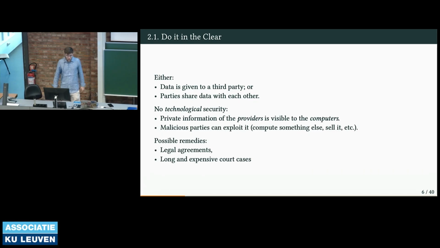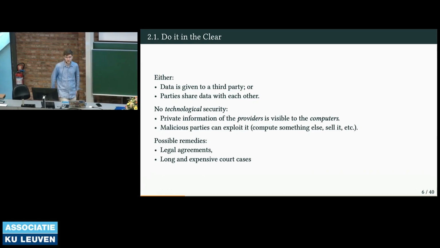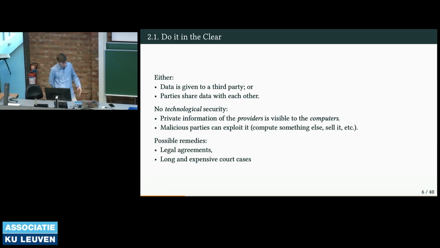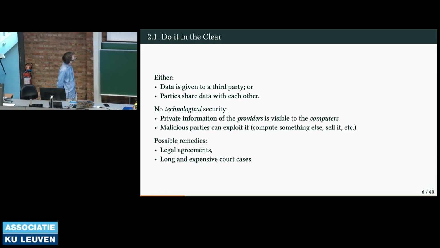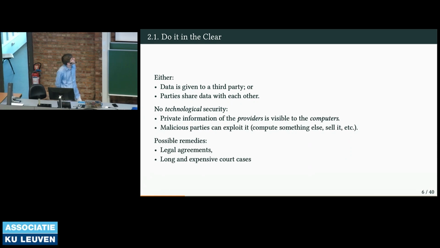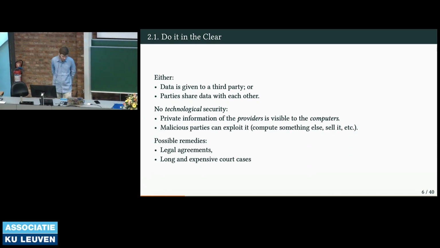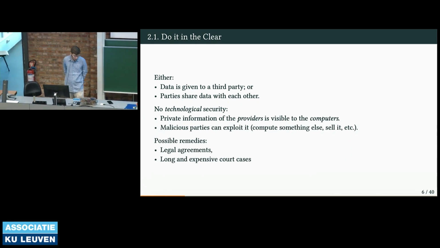Obviously there's no technological security behind this whatsoever. The private information of the providers and of the owners is just visible to whoever is doing anything, and then malicious parties can exploit it. You can compute something else, you can sell the data, whatever.